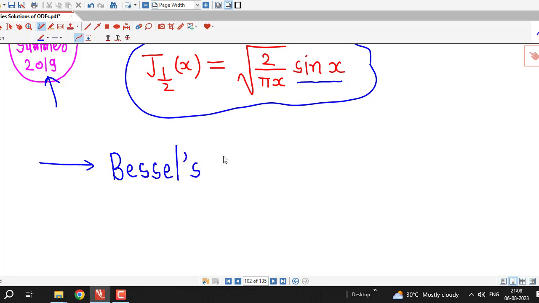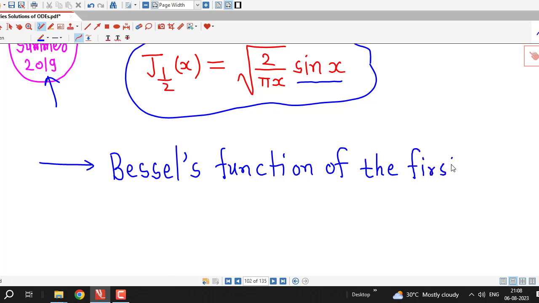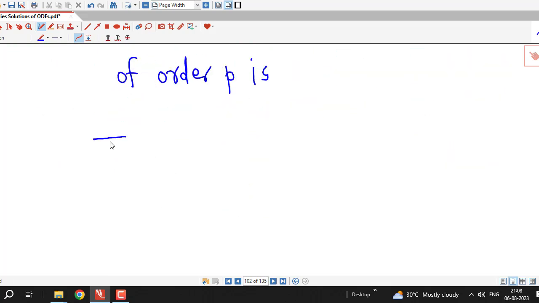We have to write down the Bessel's function of first kind of order p is given by the formula J suffix p x.